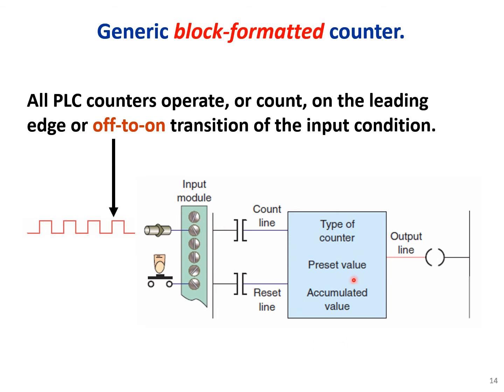This is our counter, and we have a preset value. Once the accumulated value reaches the preset value, the output will be true. If we wish to reset the counter, we need to press this button, or we need to reset it intentionally. It won't reset automatically.